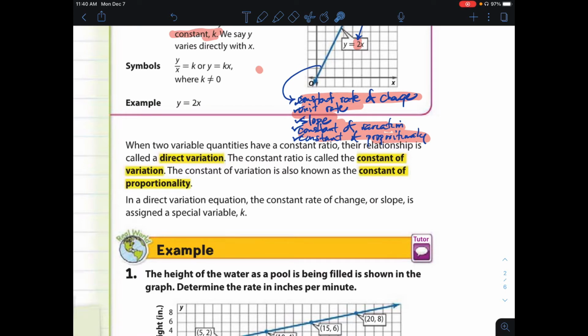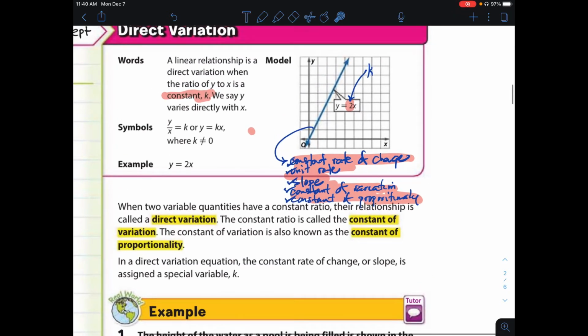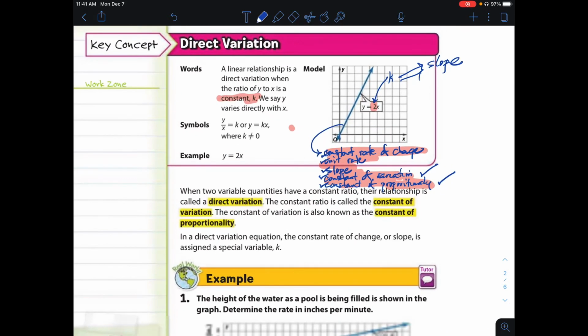So your k here, which we defined, is also your slope because it is your constant of proportionality, it is a constant of variation, so your k is also your slope. Remember that.